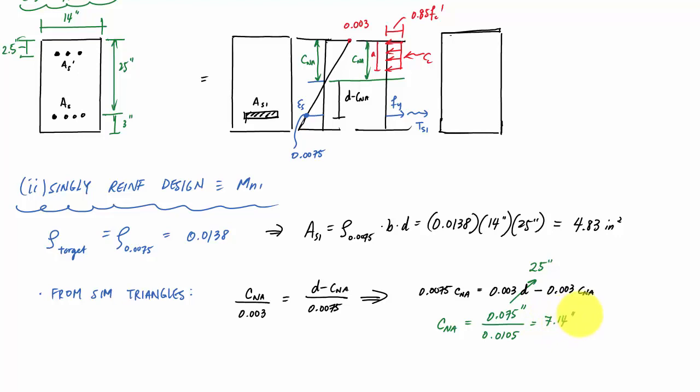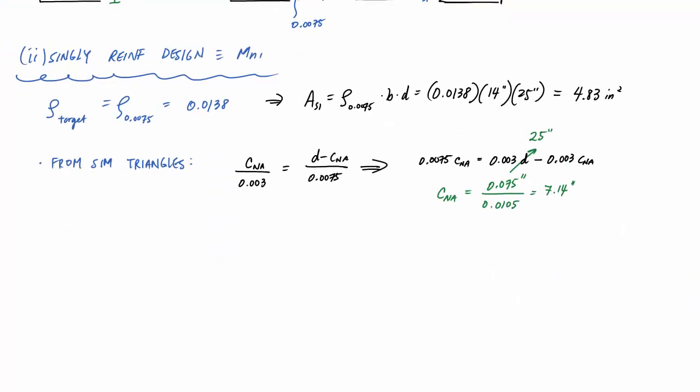Okay, c_NA is 7.14 inches. And now that I know c_NA, I can determine the depth of the equivalent stress block. A is beta 1 times c_NA, which is 0.85 times 7.14 inches, and that is 6.07 inches. From moment equilibrium, Mn1 would be Ts1 times d minus y bar.